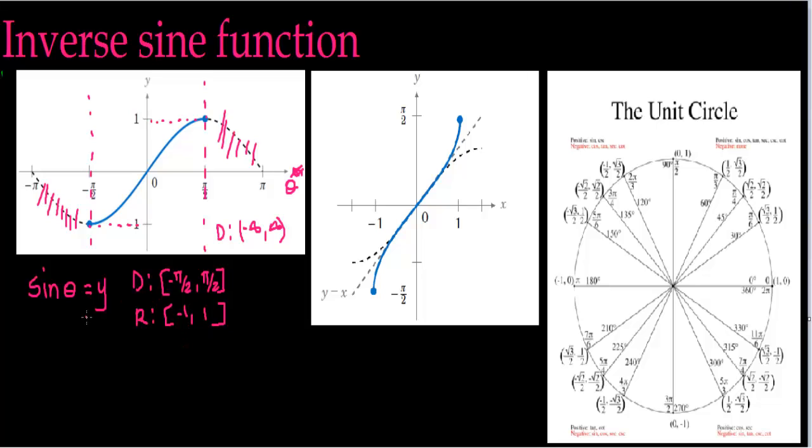So there you have your sine function. Before we move on, theta is the input for this function, and y is the output. What that means is you drop in an angle, you take the sine of the angle, and out comes your y, which is your output.